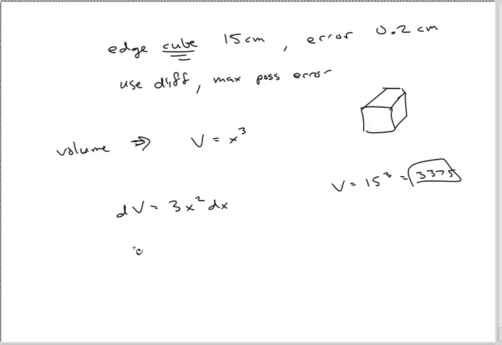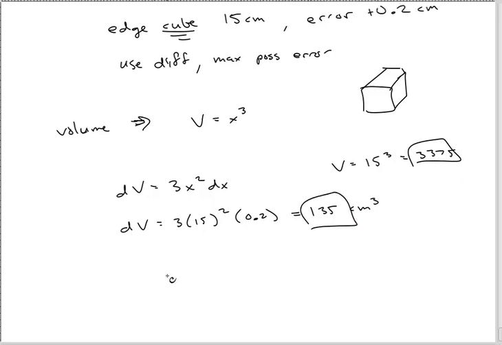And then my dv is going to be equal to 3 times 15 squared, and dx is this guy, positive 0.2, and it ends up being 135 centimeters cubed. So that's my dv, okay?